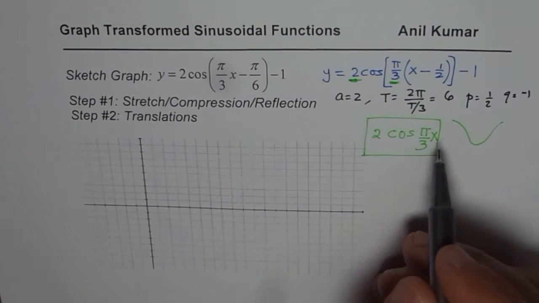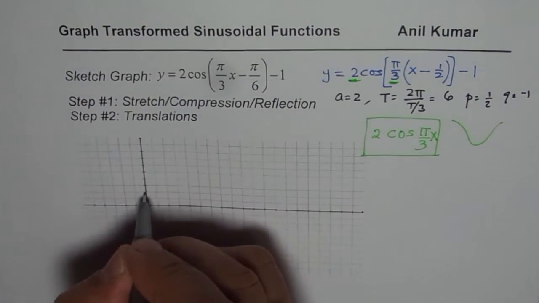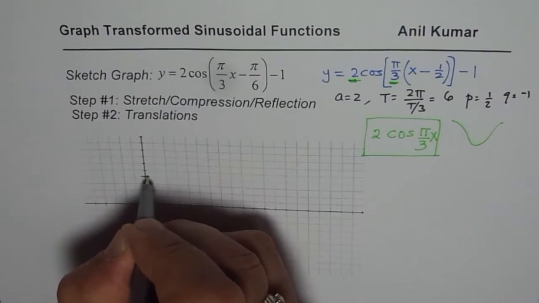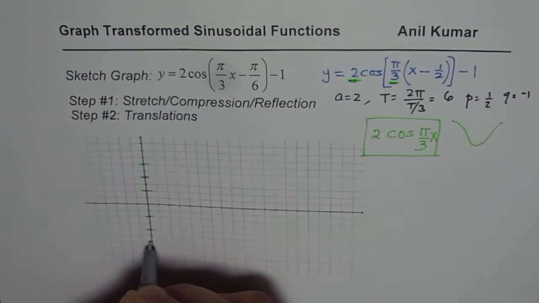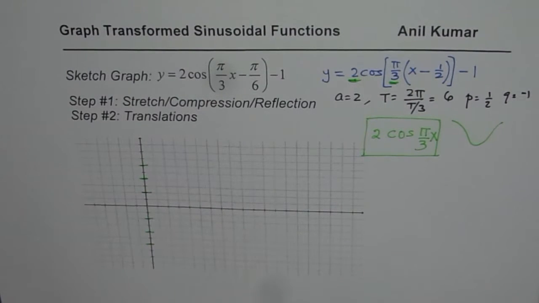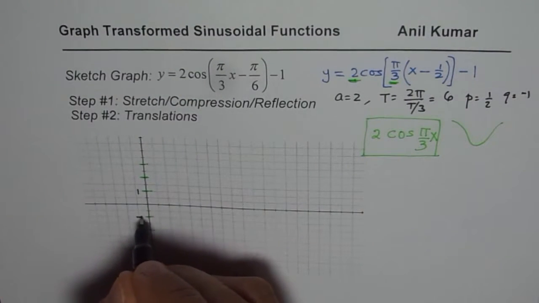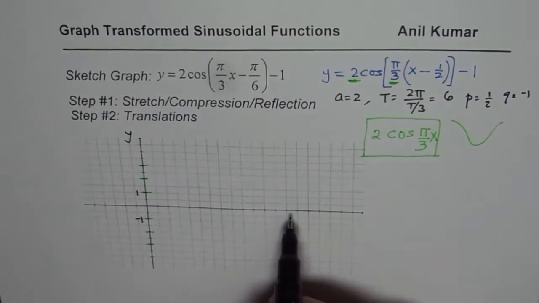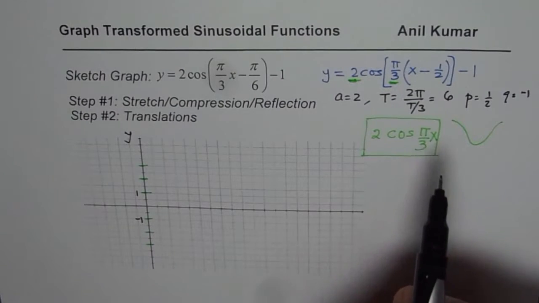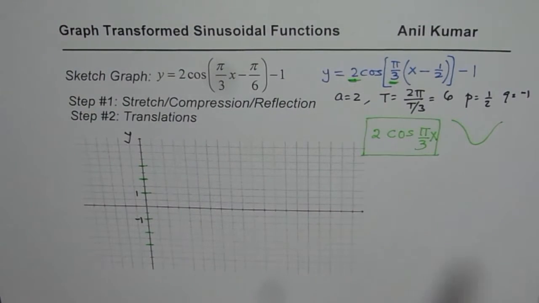So let's figure out a scale for this. On the vertical side, let's say 2 units be 1, so we get our scale here. So we're writing 1 and minus 1 for y. As far as x is concerned, we are looking for a time period of 6 units.